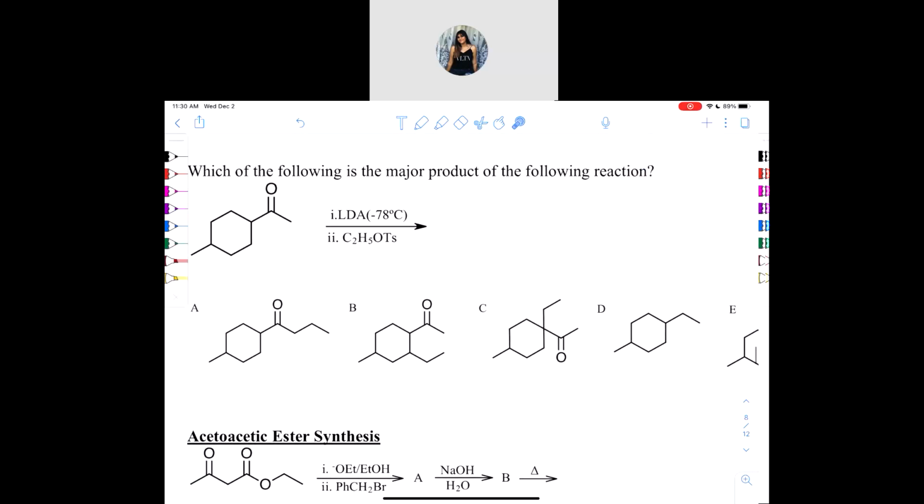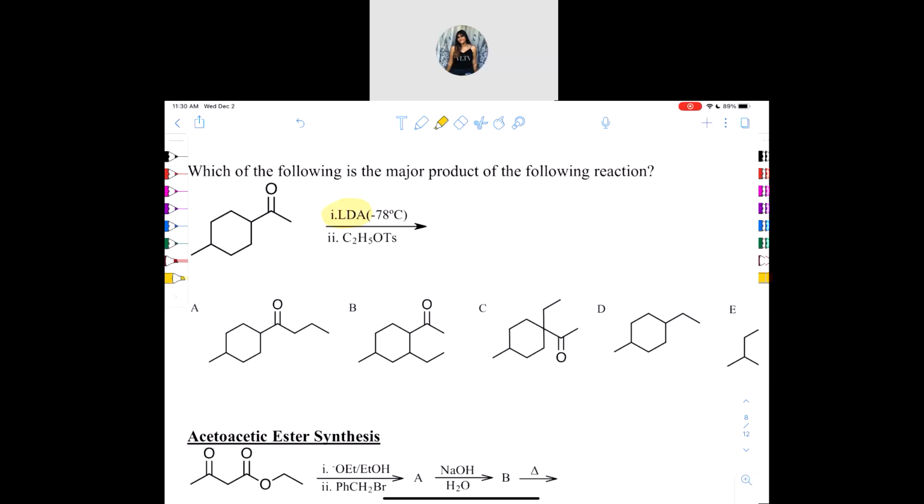All right, so let's do this reaction. And this is a really great example because it uses something called LDA. Does anyone know what LDA is? And you don't have to give me super specifics, just in general. Yes, awesome. It is a strong base.